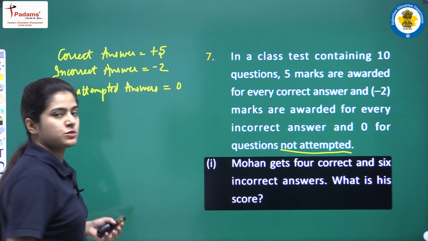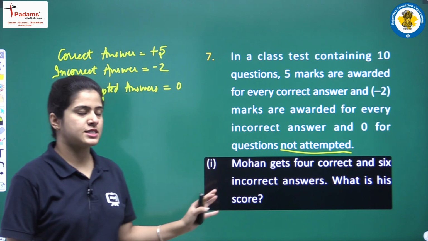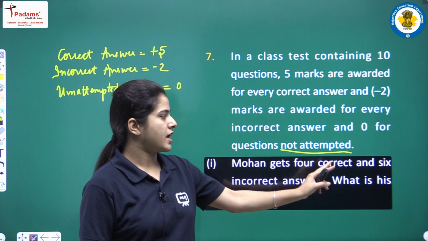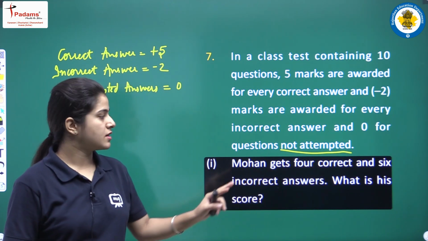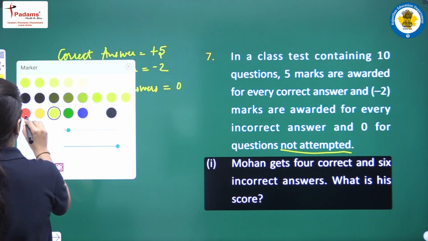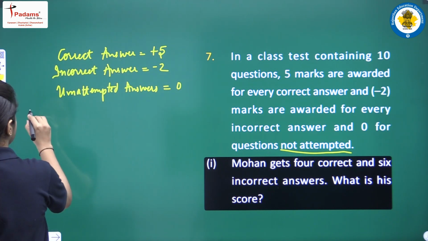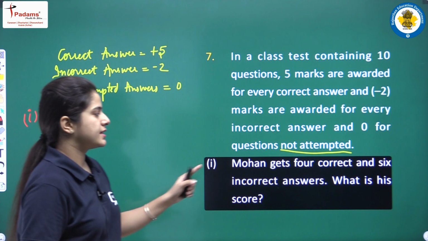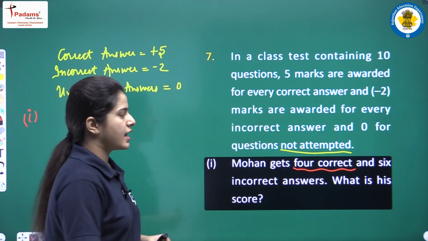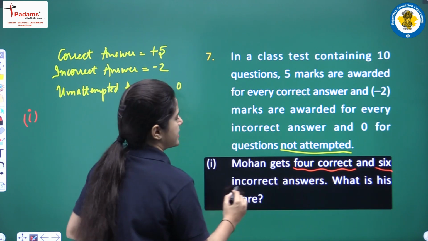0 marks. Alright students, so the first part, Mohan gets 4 correct and 6 incorrect answers. What is his score? So firstly we have to find the score of Mohan. It is given to us that Mohan is attempting 4 correct answers and 6 incorrect answers.